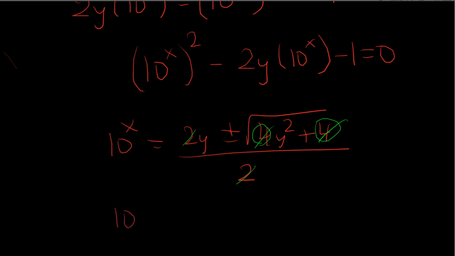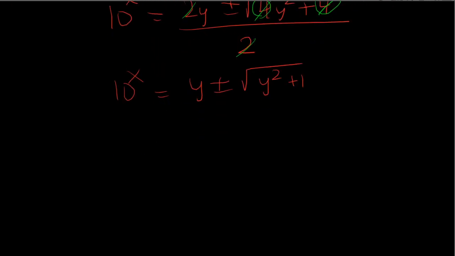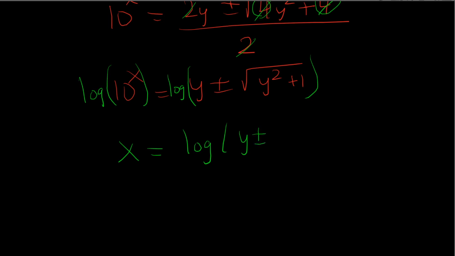So I have 10 to the x equals y plus or minus the square root of y squared plus 1. We're going to take the log of both sides. So that's x equals log of y plus or minus the square root of y squared plus 1.